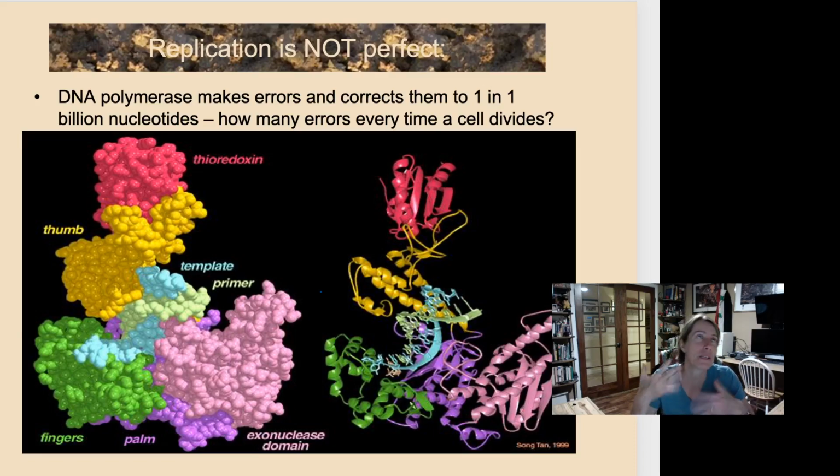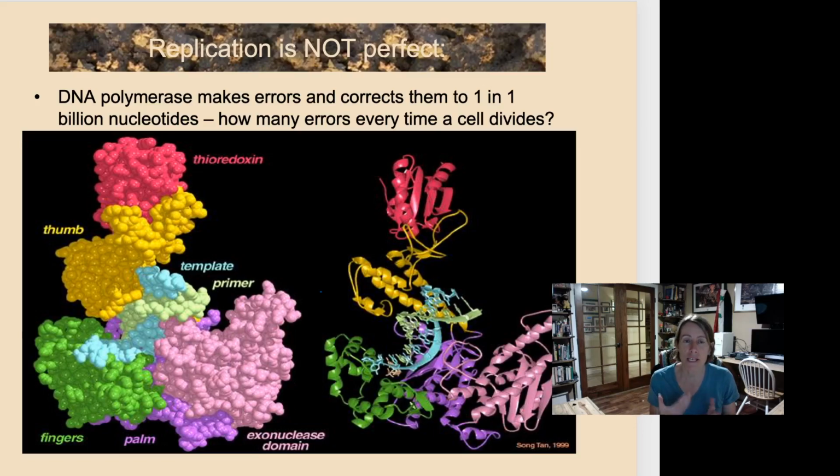Well, how significant is 1 in a billion? In a human cell, the entire 46 chromosomes in a single cell have about 6 billion nucleotides strung together to make 46 individual chromosomes.